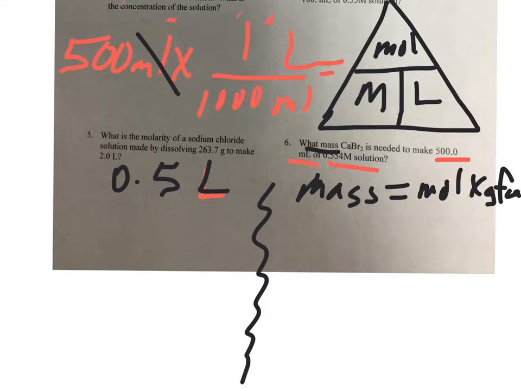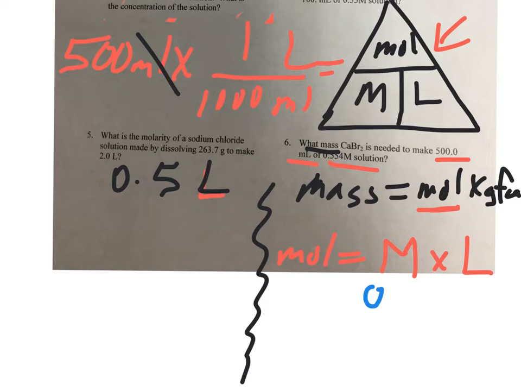Okay, now, but to get this mole, I have to use this molarity problem. I'm looking for moles, and what's my formula? If I cover the MOL, what's my formula for that? To find the moles? The molarity times the liter. Very good. And did they give me the molarity? Yes.